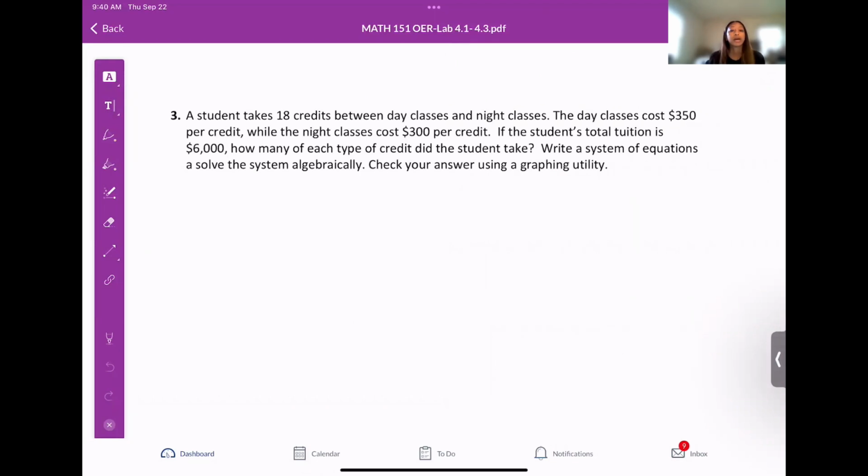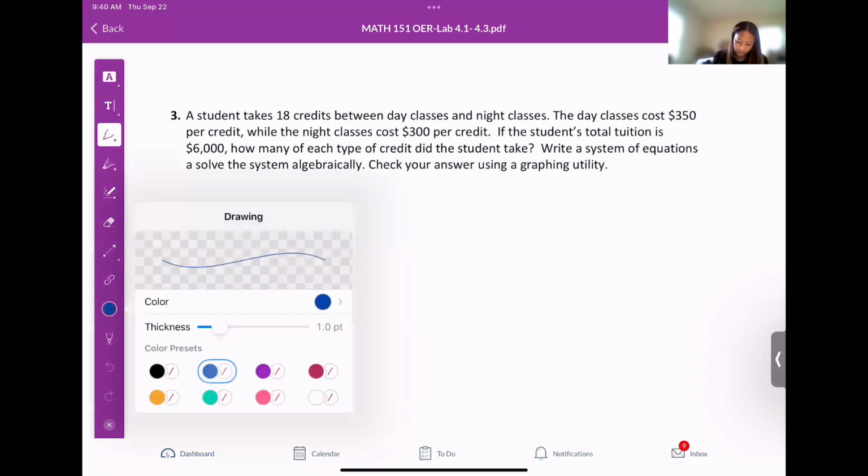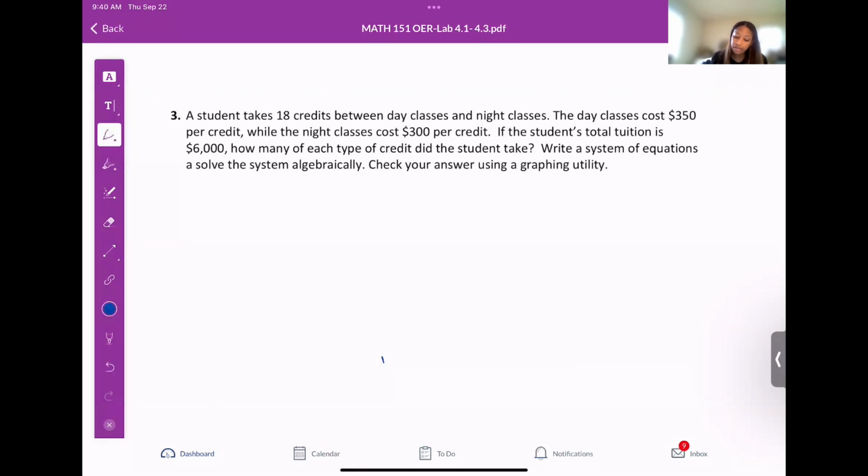So for problem 3, we're given a word problem, but from the word problem, we can set up two equations, and then we can solve a system of equations to find the solution here. It says a student takes, let me highlight some things here. A student takes 18 credits between day classes and night classes.